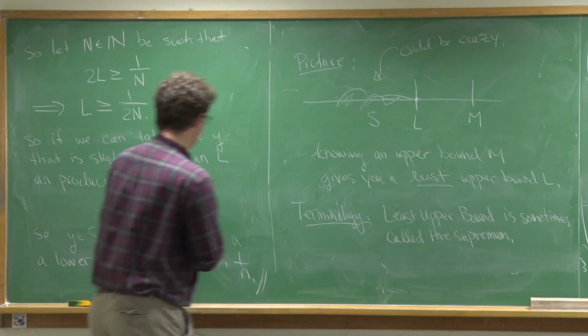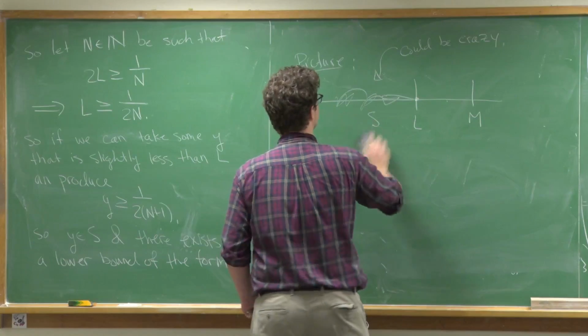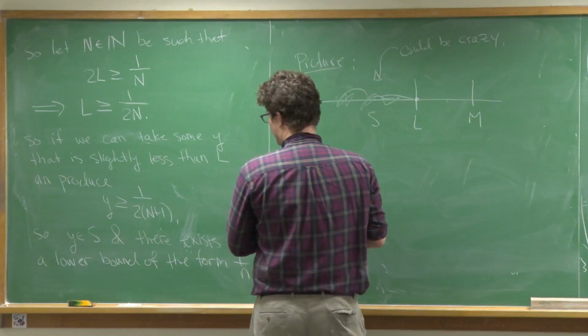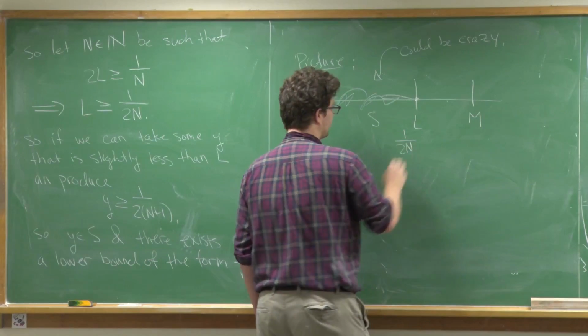So let me kind of describe what's going on here just again a little bit. Let me just repeat this to hammer this in. Here we had this upper bound of 1 over 2n like this.